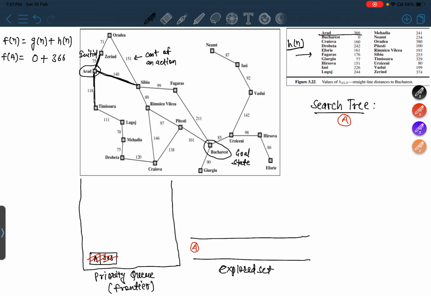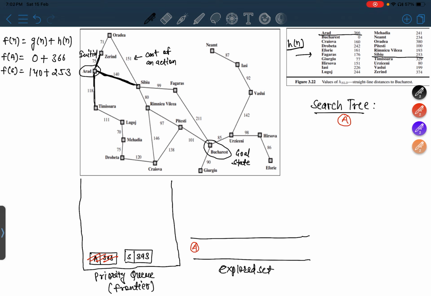So let's add these. So let's add f of s. G of s will be the cost from the starting state, which is 140, plus h of s. H of s is 253. So what's this value? 140 plus 253, which is 393. So our s will be added with the cost 393.